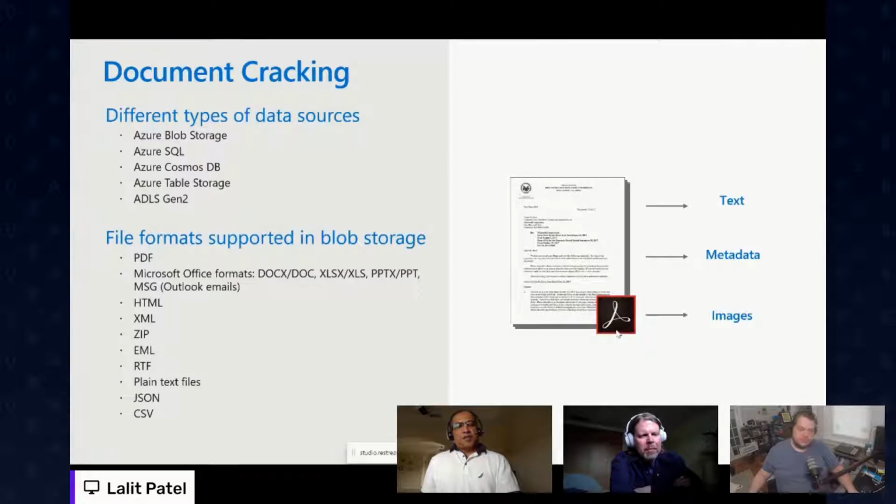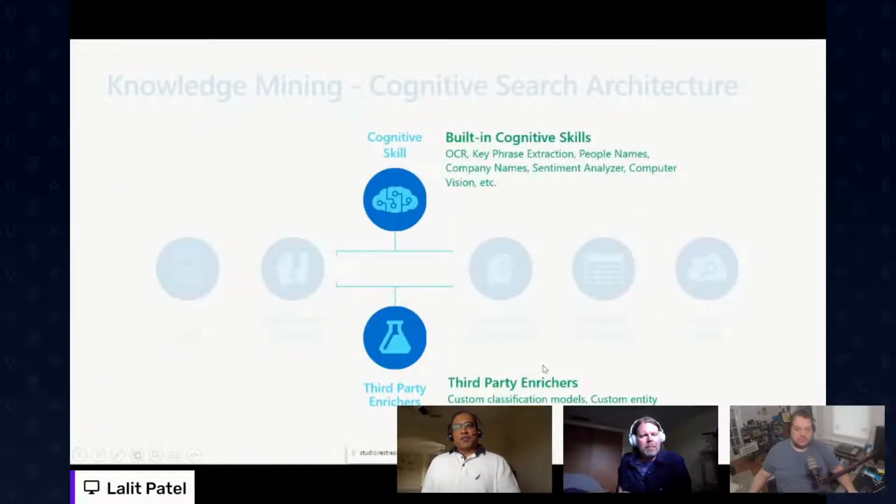They could be in various formats outlined there: PDF, CSV, HTML. But the fundamental document cracking is about extracting metadata out of that document, images out of that document, and creating content by adding additional fields to the document.